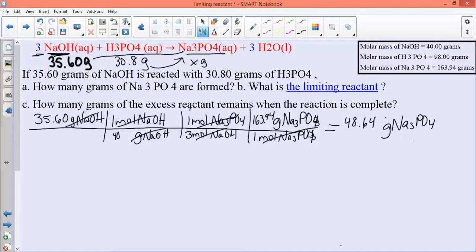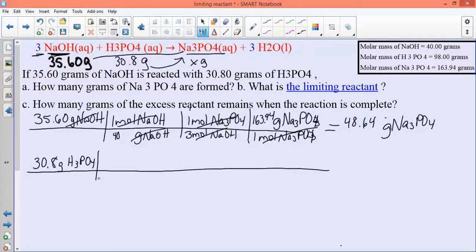Now we want to know how many grams will be produced if all of my phosphoric acid is used. So I'll do another mass-to-mass problem starting with phosphoric acid. 30.8 grams phosphoric acid. Same thing I did above there, change it to moles. In 1 mole of phosphoric acid, I have 98 grams.